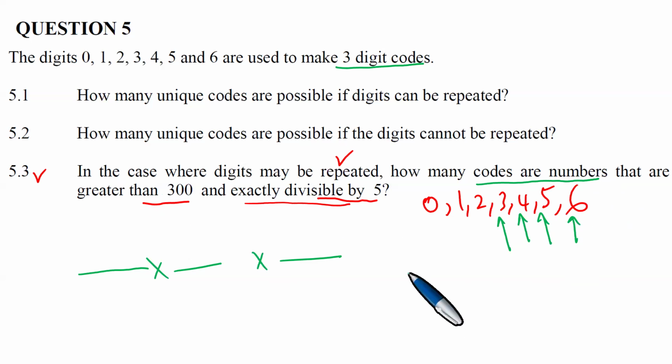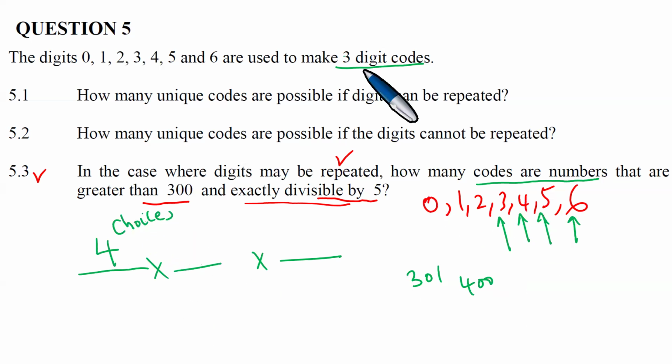A number greater than 300 can be like 301, for example, 302, or 400. But now a number greater than 300 can essentially start with 300. So now we have how many choices? Four choices to make. We have 4 choices to make.